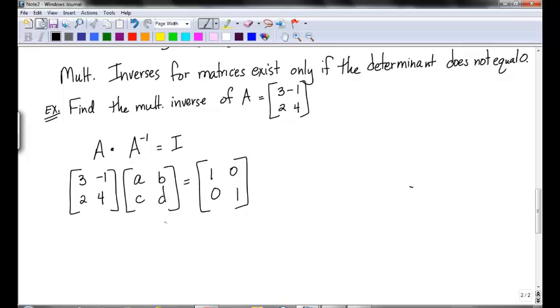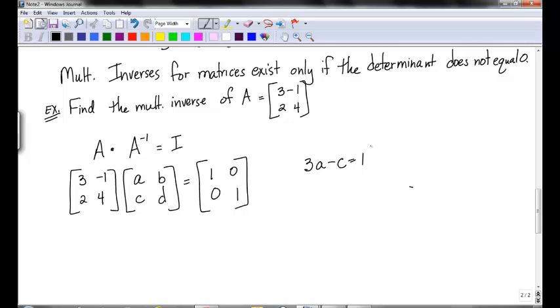If we multiply this row across times this column, go across with your left, down with your right. This would be 3A minus C equals 1. Write that down as an equation. Stay with this row, go to the next column.